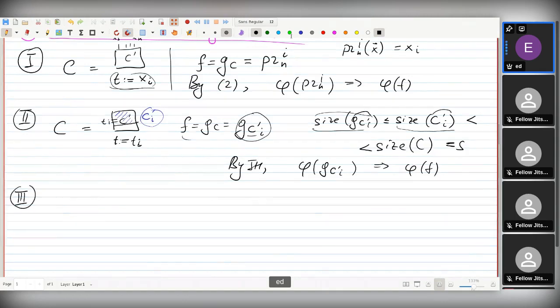And the last case, it is the only serious important case, is just like that.